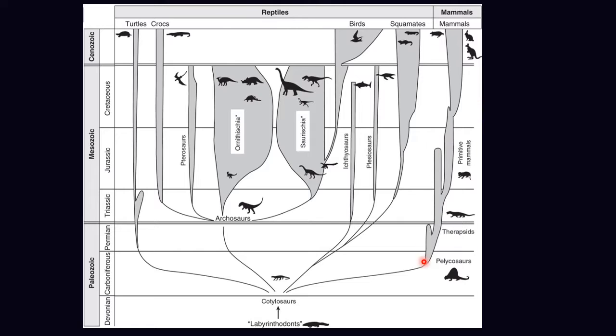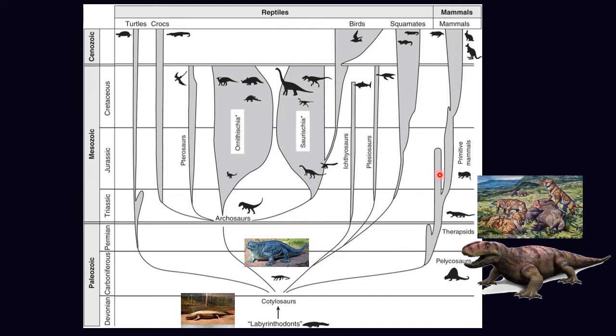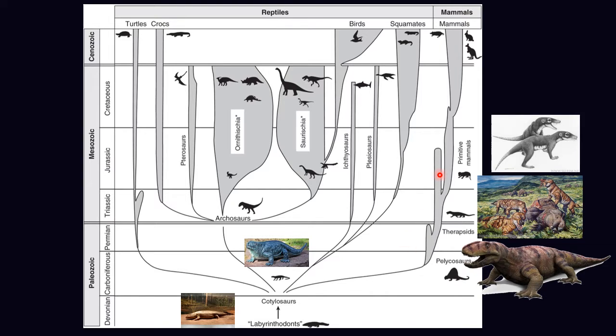And so on this diagram you can see the pelycosaurs give rise to the therapsids, give rise to primitive mammals, give rise to modern mammals. We'll put some things on here. So we came from these labyrinthodont amphibians, and then we had our little blue guy, our basal amniote, and we started to have the pelycosaurs come off from there, and we have the cynodonts, which give rise to primitive morganucodonts and eventually modern mammals.